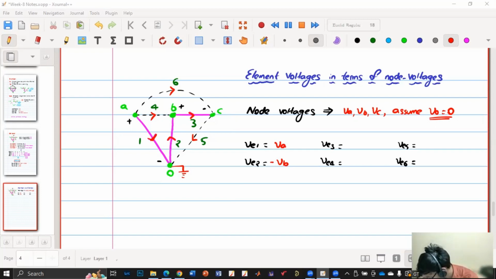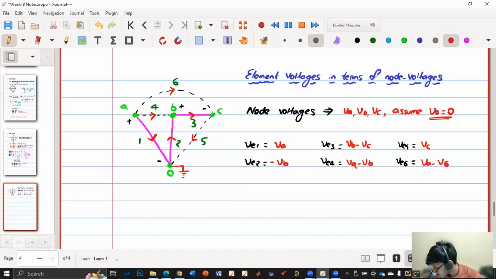So this will be VB minus VC. Similarly, VE4 will be VA minus VB, and VE5 will be VC minus V0, so VC. And VE6 will be VA minus VC. So first we have defined the node voltages, and then we have obtained the element voltages in terms of node voltages.